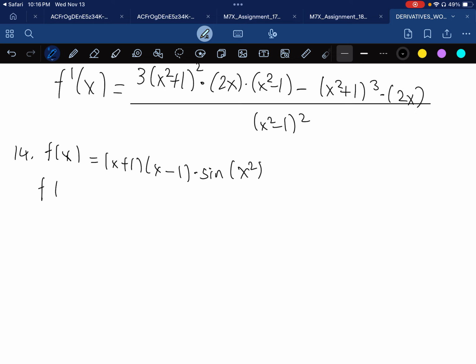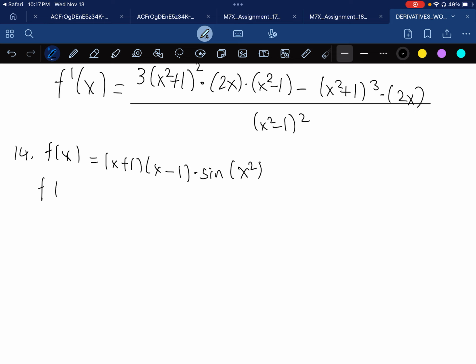So before I do that though, I should mention the idea behind what I'm doing. Basically, the derivative of f times g times h is going to be the derivative of f times g times h plus f times the derivative of g times h plus f times g times the derivative of h. So it's just the product rule expanded for even larger functions. Really, we can make the functions just however big we want, actually.